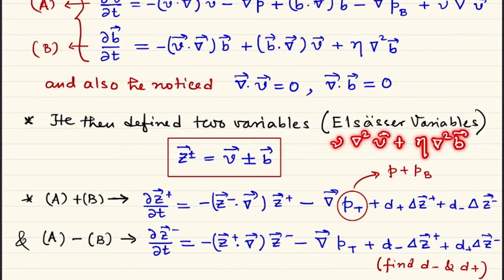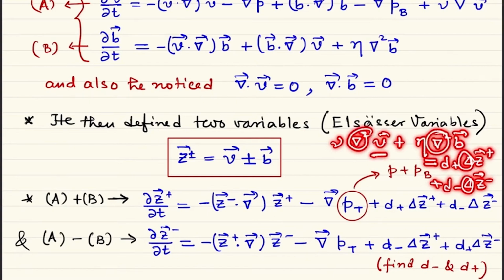So we say this is equal to d plus Z plus plus d minus Z minus, where of course they are exactly equal to lambda squared.